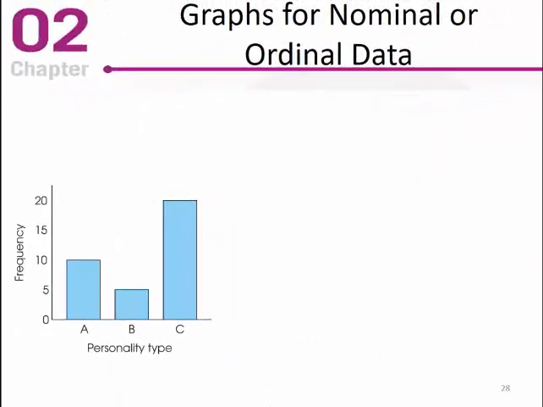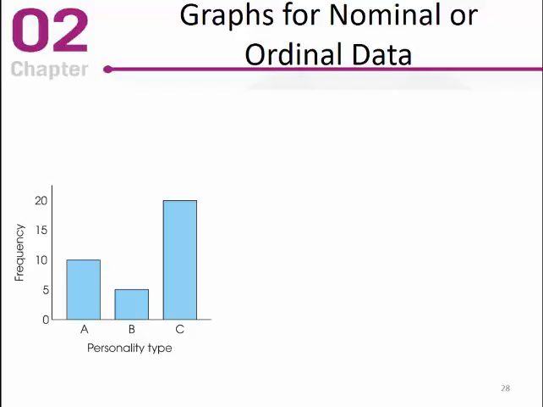The appropriate graph for nominal or for ordinal data is what's called a bar graph. You can see here we have a bar graph showing the distribution of personality types in a sample of college students. In this case personality type is a discrete variable, so you can either be personality A or B or C, and there's no continuation between the three categories.